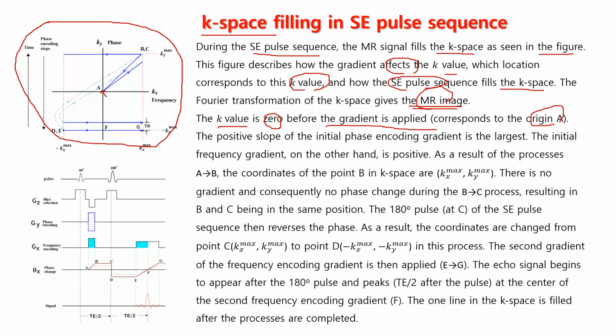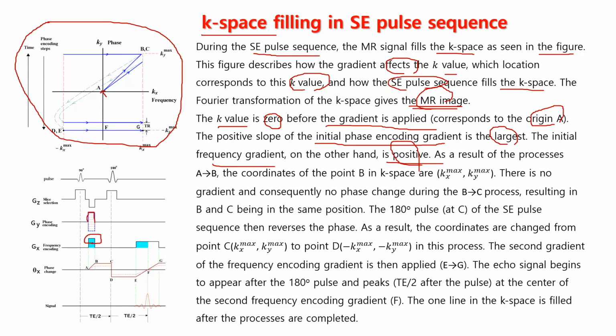The positive slope of the initial phase encoding gradient is largest. First, we try the largest phase encoding gradient. Okay. And the initial frequency gradient is also positive. So it is positive, right?